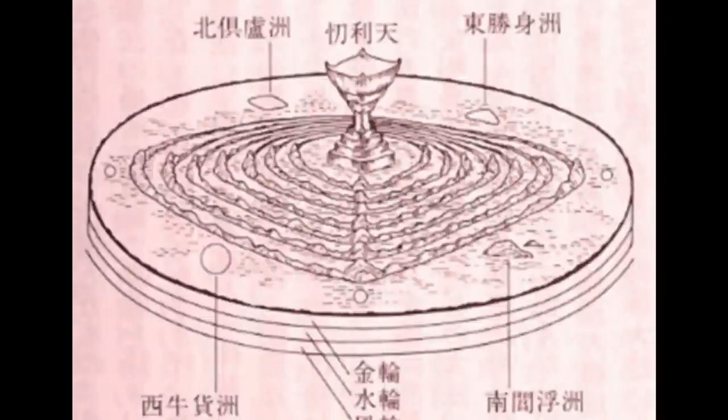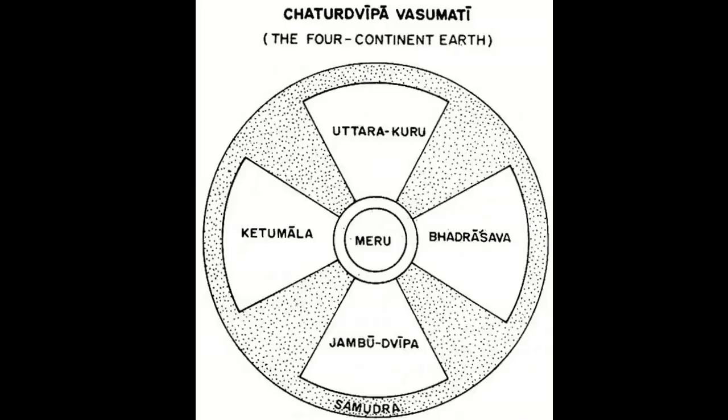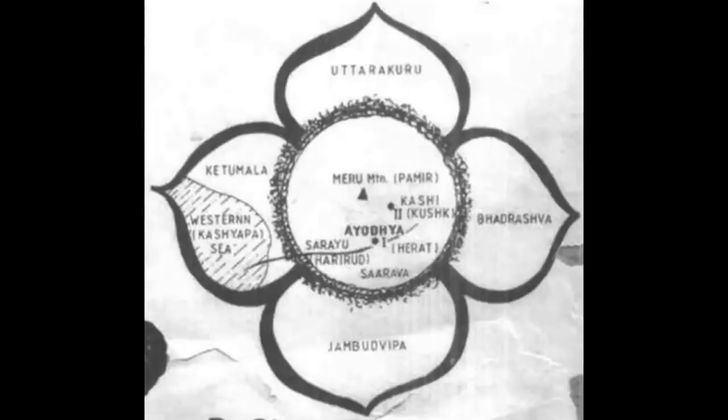In most Asian cosmology, Mount Meru stands at the center. Look at the cosmological geometry here. Mount Meru at the center with 4 surrounding continent lands.